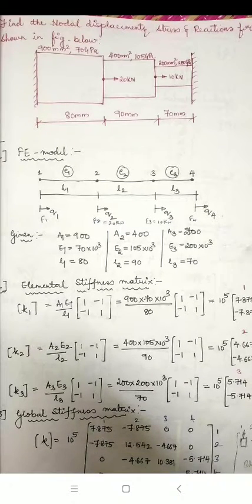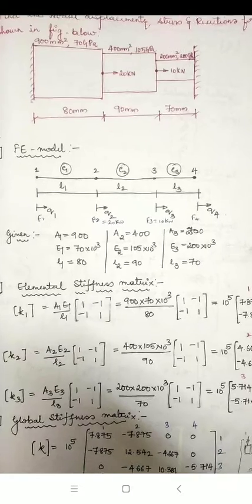First step: we have to draw the FEA model diagram. It involves drawing the line diagram of the bar element, giving the nodes and numbering the nodes, that is node numbering, and also writing the force values at each node.